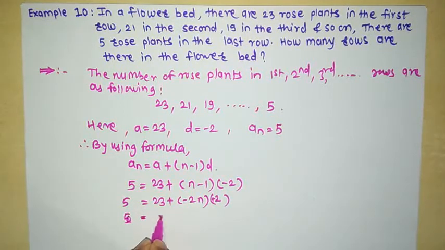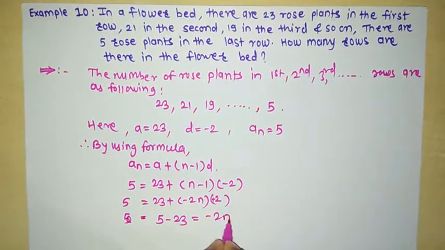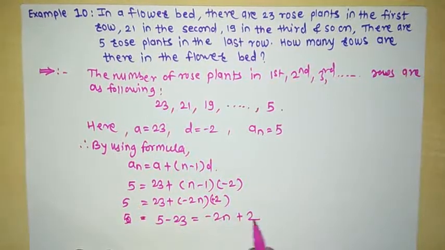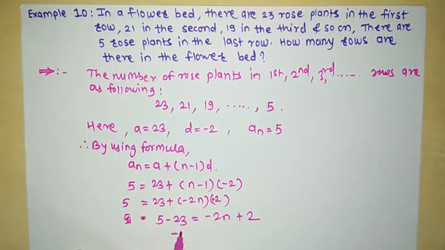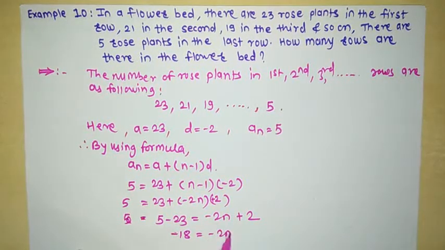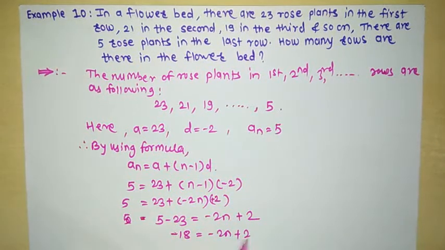It will become 5 minus 23 is equal to minus 2n plus 2. 5 minus 23 is minus 18, equal to minus 2n plus 2. Send this 2 also to the left-hand side. It becomes minus 18 minus 2 is equal to minus 2n. Now it becomes minus 20 is equal to minus 2n.